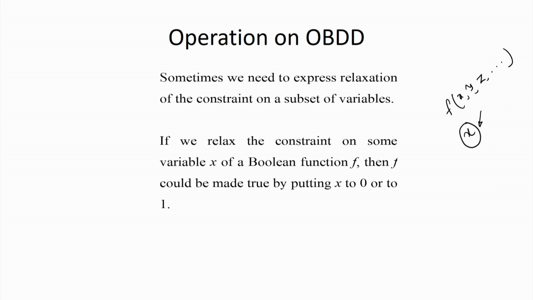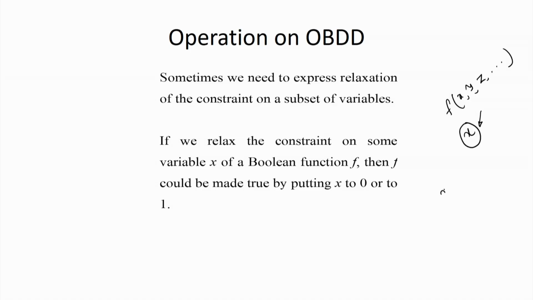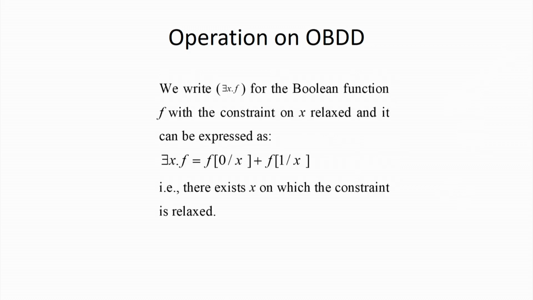When we relax the constraint on some variable x of a Boolean function f, then f could be made true by putting x to 0 or x to 1. Either x equal to 0 or x equal to 1, we look at both evaluations. The expression is: there exists some x where we relax the constraint.